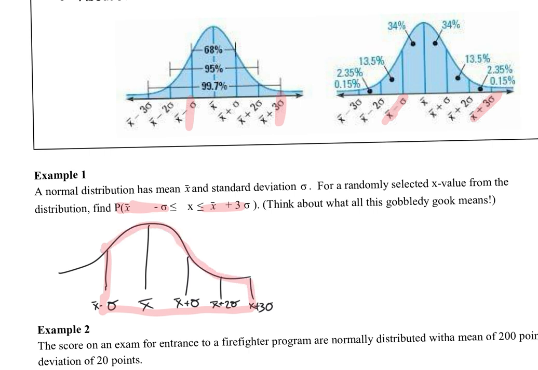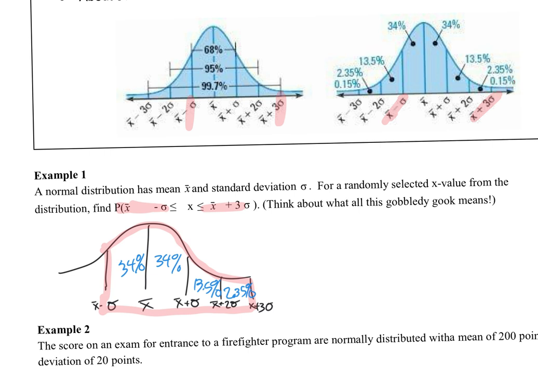They told me that this is 34%, this is 34%, this is 13.5. Again, every set of data that's normally distributed will fall within these categories. So as long as they say it's normally distributed, we already know the breakdowns. And then this last one is 2.35. Now, if they ask me to go past this, it'd have to be 0.15.